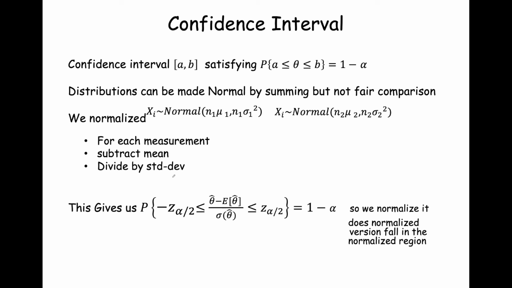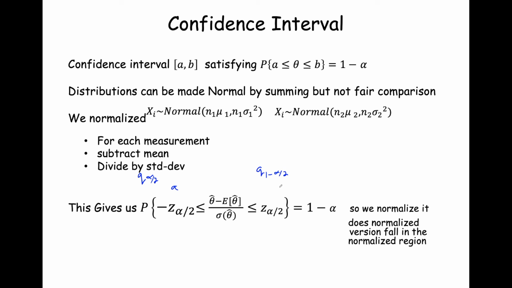And so then we recast A as being that minus z sub alpha over 2. That's going to be our alpha over 2 quantile, right? Our p-quantile, p is equal to alpha over 2. And then here, this other z value, z sub alpha over 2, that's going to be our 1 minus alpha over 2 quantile for the z distribution.